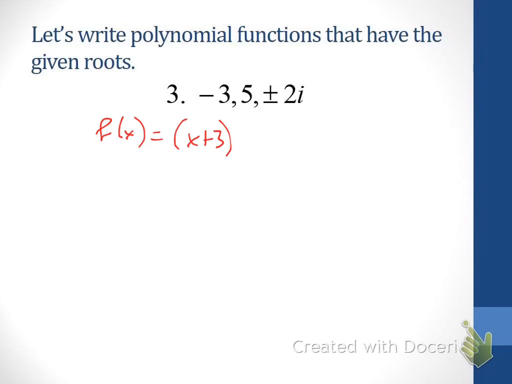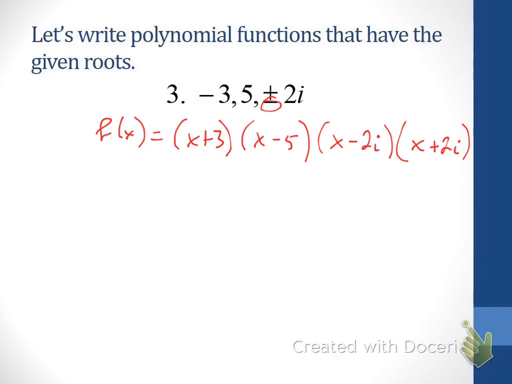If one of our solutions was positive 5, that means that one of our factors had to be x minus 5. Switching signs. If one of our solutions was positive 2i, that means one of our factors was x minus 2i. And if one of our solutions was negative 2i, that means one of our factors had to be x plus 2i. So those are all of our factors.